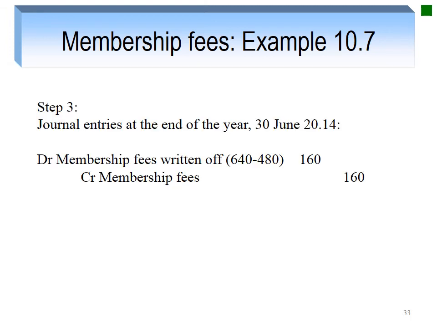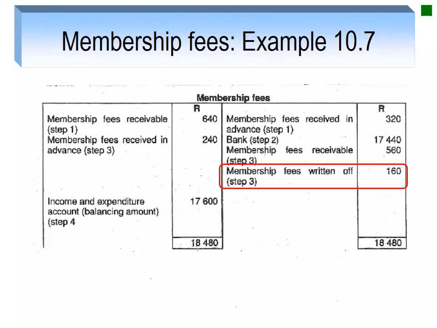So the 160 goes to debit membership fees written off, and we're going to take the 160 out of our membership fees account. So you will remember that we had the 640 over here. That was the amount owing at the end of last year by members. Included in this bank amount here was 480, which had been paid this year relating to last year's fees that were due.